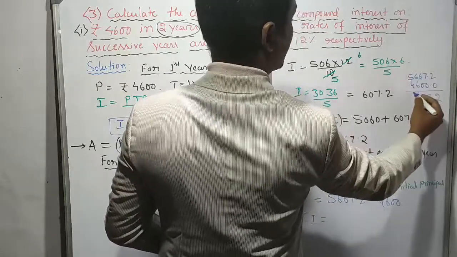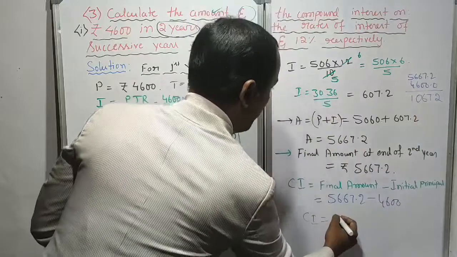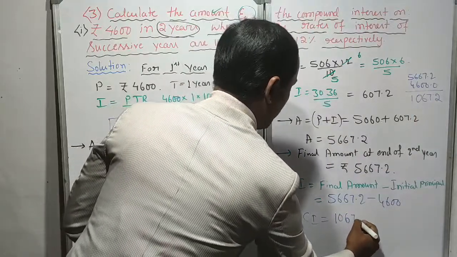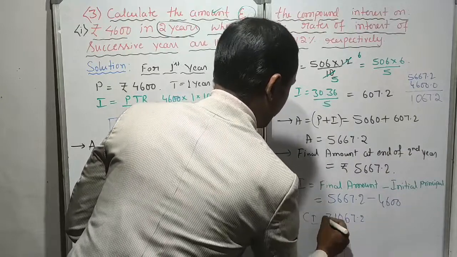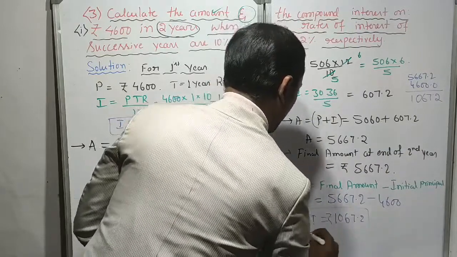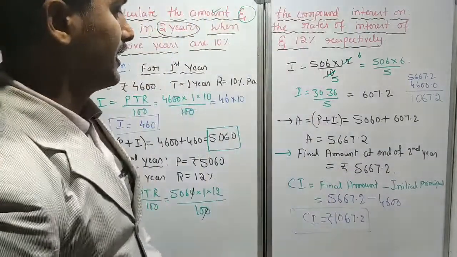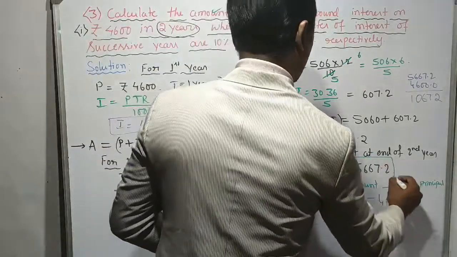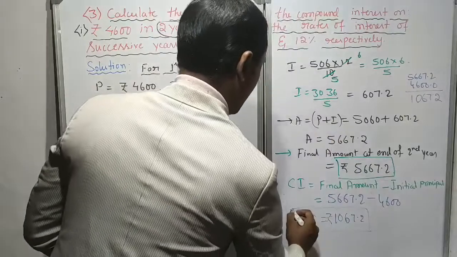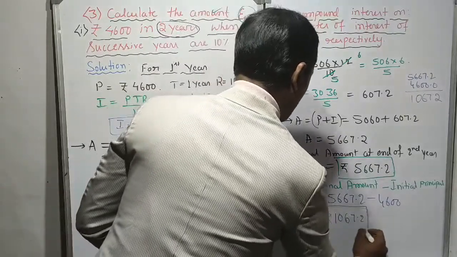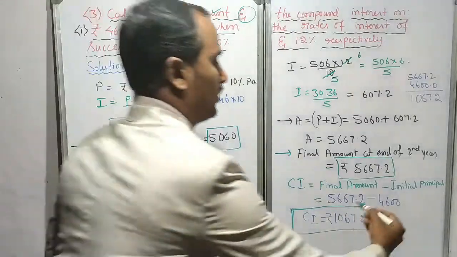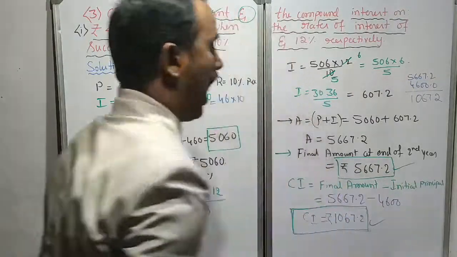Then 5 minus 4 is 1. So the compound interest is 1067.2 rupees, dear children. This is the required compound interest. This is also the required final amount. The final amount is 5667.2. The compound interest is 1067.2 only, dear children. These two are the required answers.